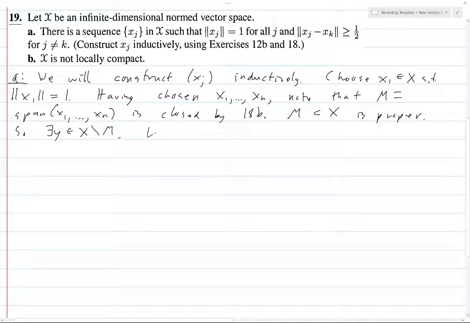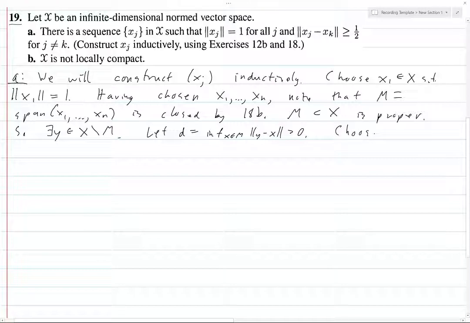So let d, for distance, be the infimum over all x in M of the norm of y minus x, which we know is strictly greater than 0. Because if the distance is 0, then there's a sequence which converges to y, and we also know by 18 that M is closed, so that's not good. So this is strictly greater than 0.